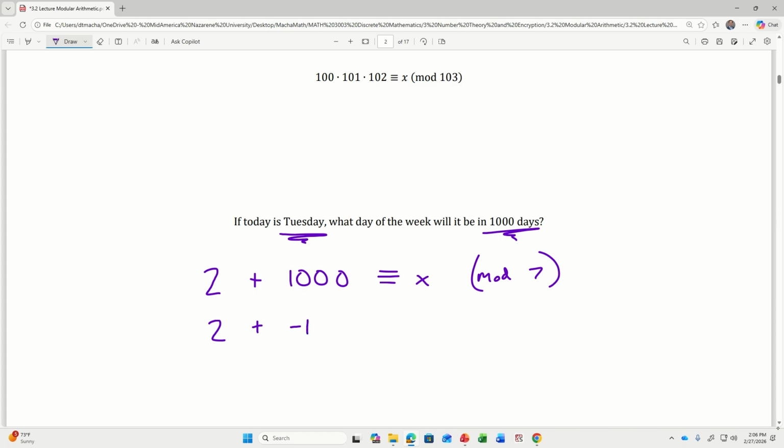And so this is like -1, right? Because it's 1 less than 1001. So 1000 is congruent to -1 mod 7. And then 2 plus -1 is 1, and 1 is obviously Monday, because it's 1 less than Tuesday.